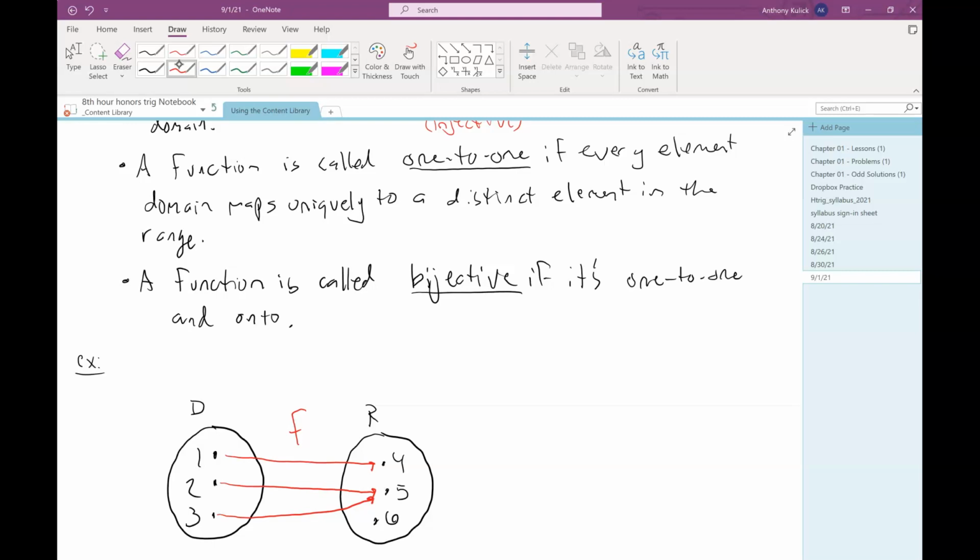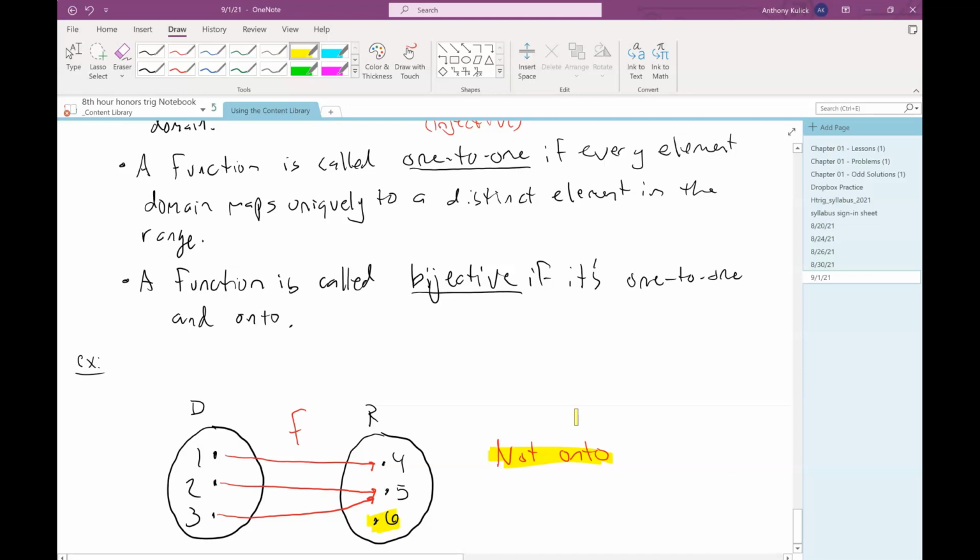So if I look at this function, this is not onto, because I have a value in my range that's not reachable. Nothing goes to 6.